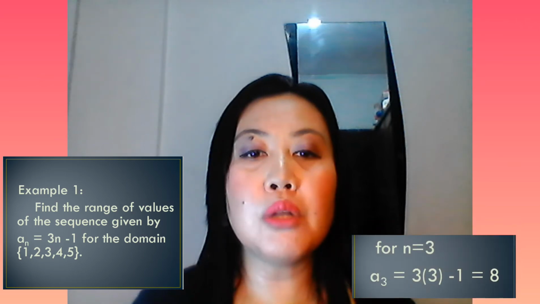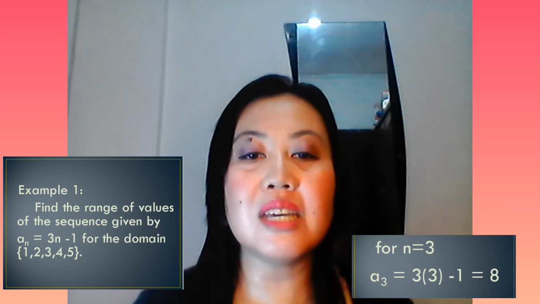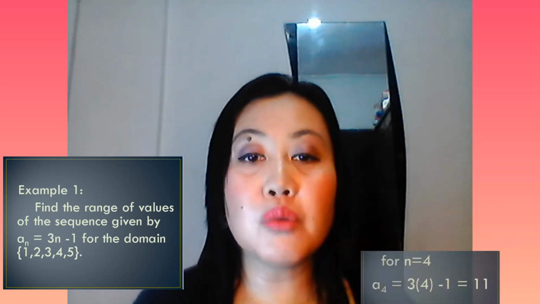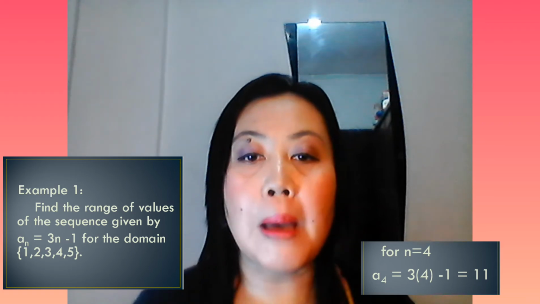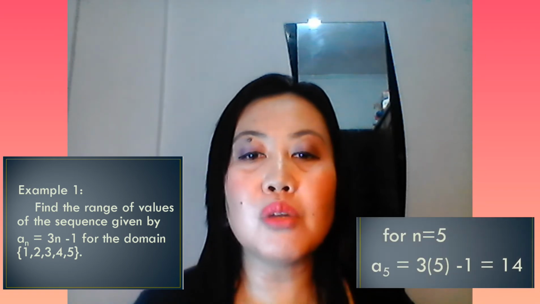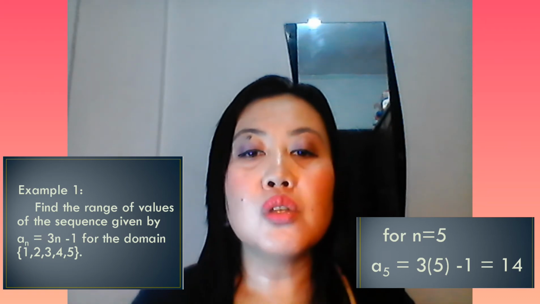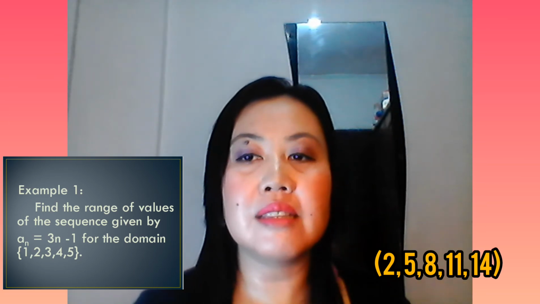For n equals 3, a sub 3 is equal to 3 times 3 minus 1, which is equal to 8. For n equals 4, a sub 4 is equal to 3 times 4 minus 1, which is equal to 11. For n equals 5, a sub 5 is equal to 3 times 5 minus 1, which is equal to 14. So the finite sequence is 2, 5, 8, 11, and 14.